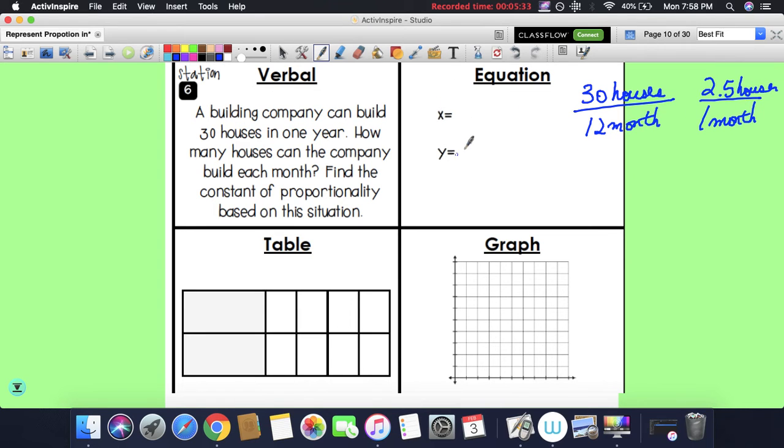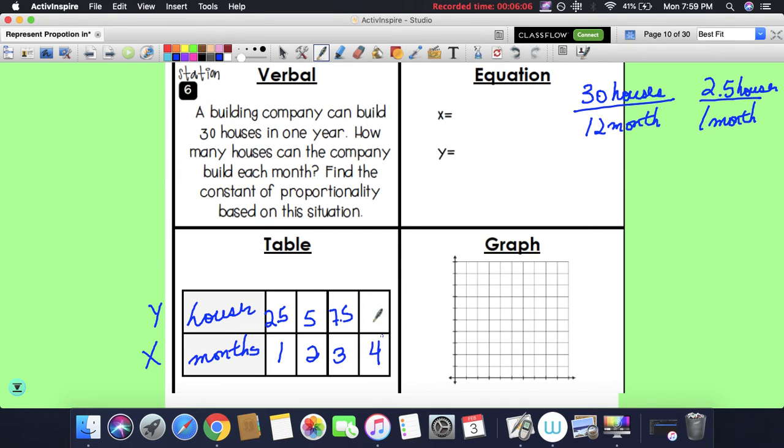So my Y and X, actually let me write this over here, Y and X. So this is houses and this is months. What's the total number of houses? Well, the total number of houses depends on the total amount of months, right? So if I have 1 month, 2.5 houses, 2 months, 5 houses, 3 months is times 2.5, which is 7.5.